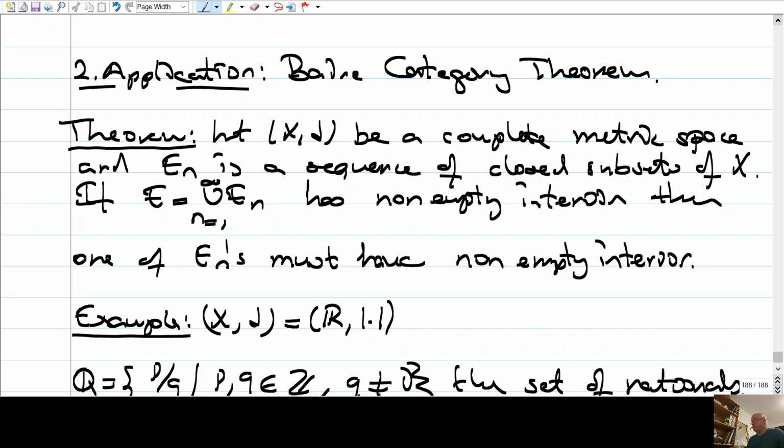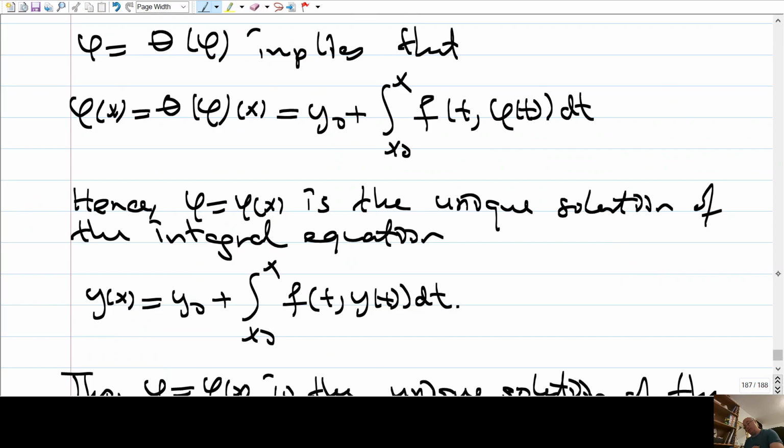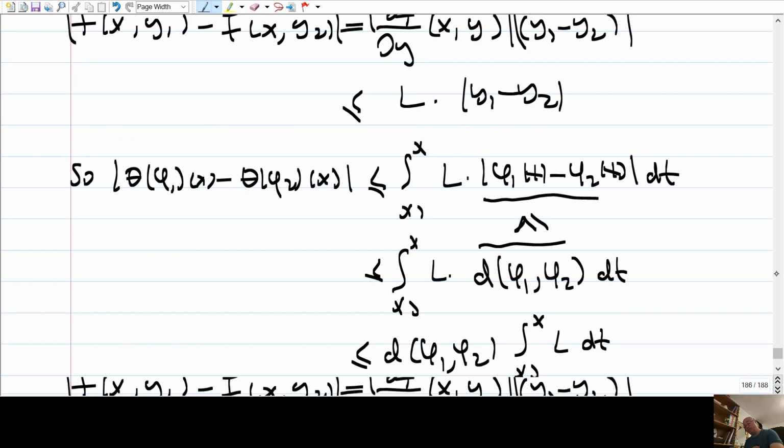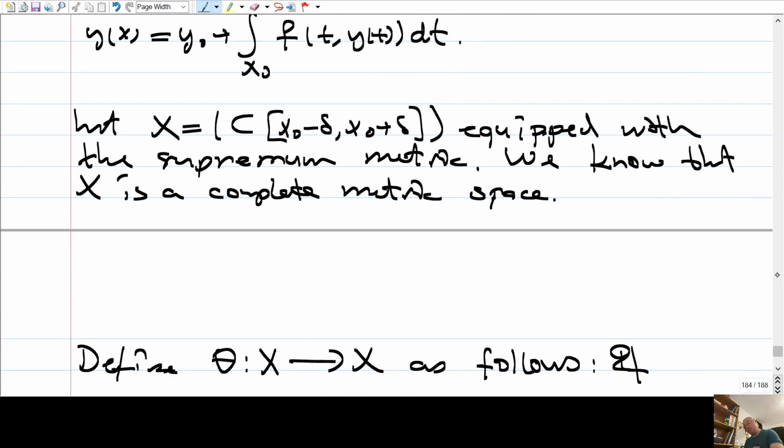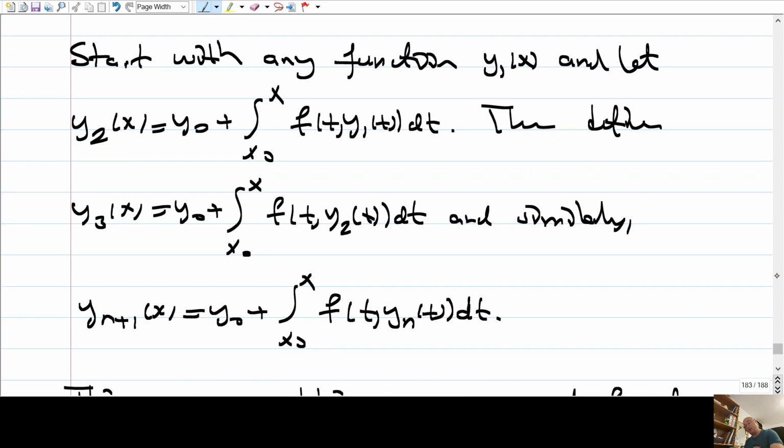I cannot remember the name of the theorem at the moment, and that will be the end of our class. Okay. Do you have any questions so far? Anything you don't understand in the Banach contraction principle or this existence uniqueness theorem?